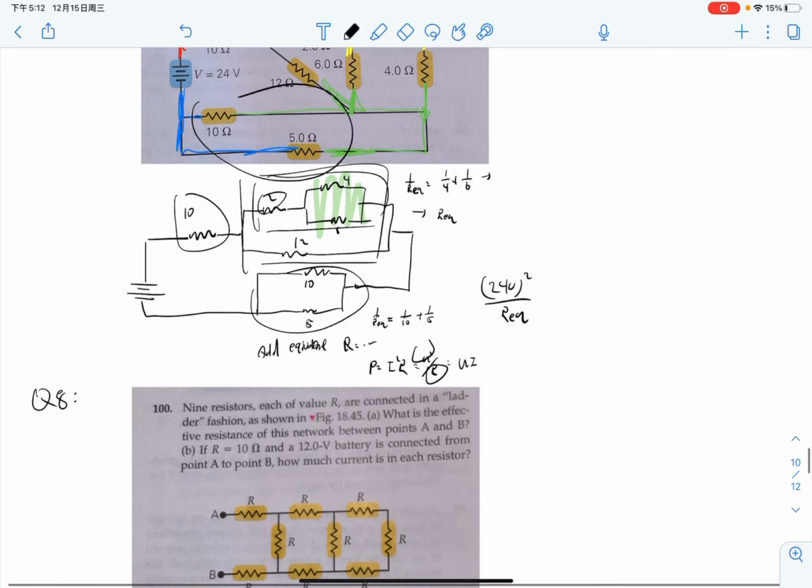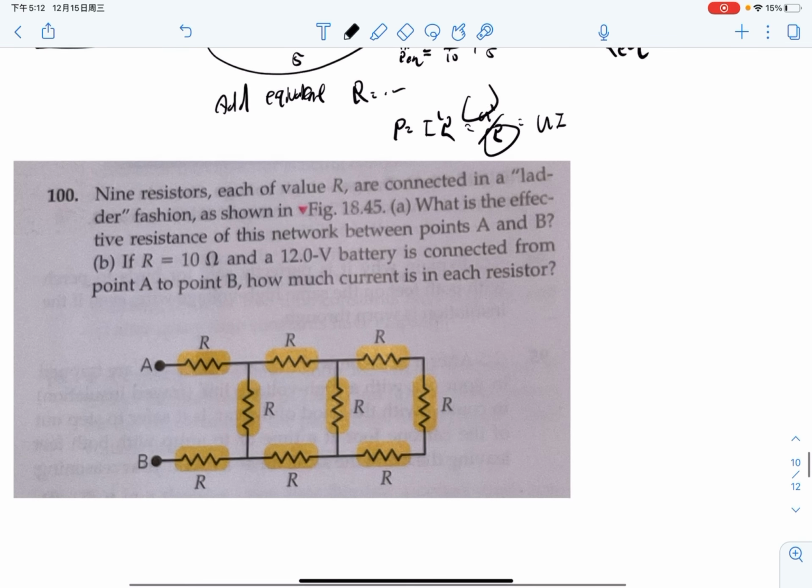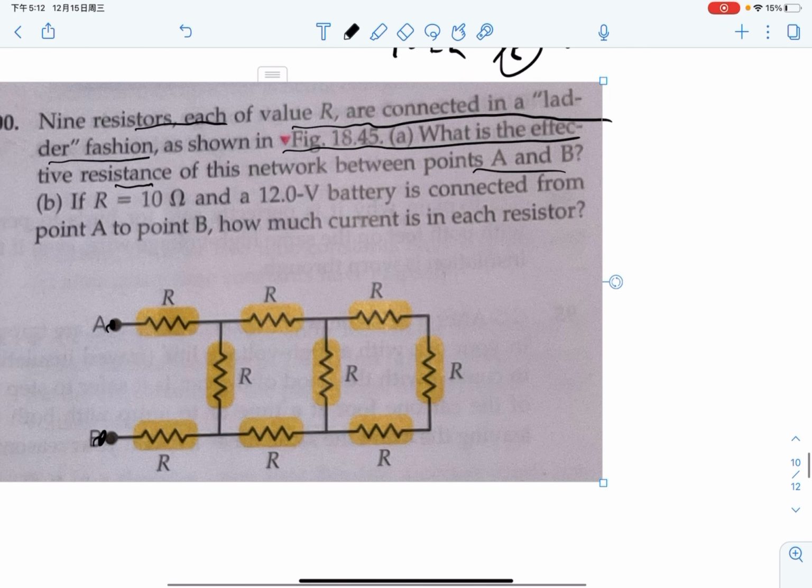Okay, we're doing question 8. So 9 resistors, each of value R, are connected in a ladder fashion. What is the effective resistance of this network between points A and B? For this part, it is in series, so it will be equal to 3R.